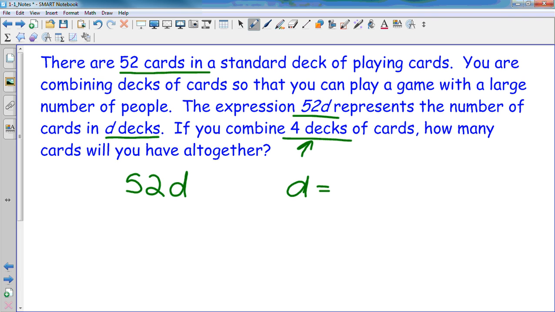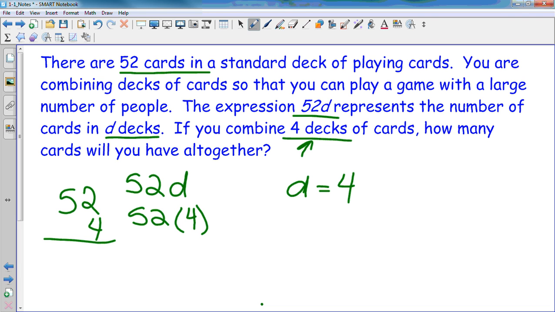Okay, if D is the number of decks, now I just have to solve my expression. I take my 4, plug it in for D, so I have 52 times 4. We know how to do that. We just had a test over it. 208.